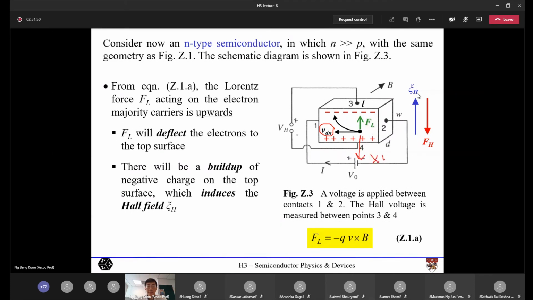However, in the case of the electron, remember you need to multiply by the charge of the electron, which is negative Q. So this negative charge flips the force upwards, which means the resulting force pushes the electron upwards as well, like your holes. So the electrons accumulate at the top, and you get negative charge on the top.